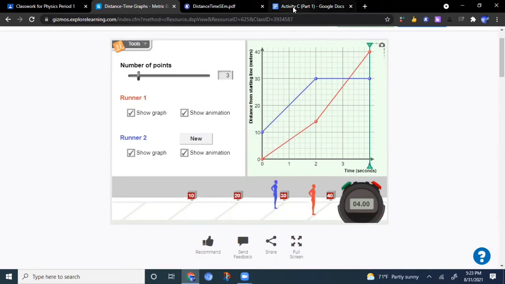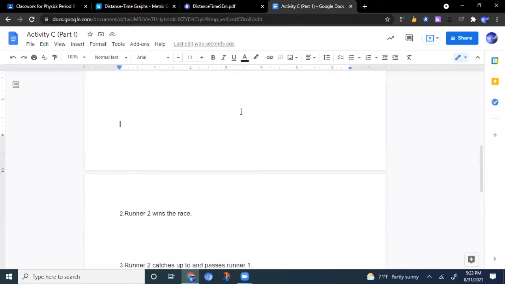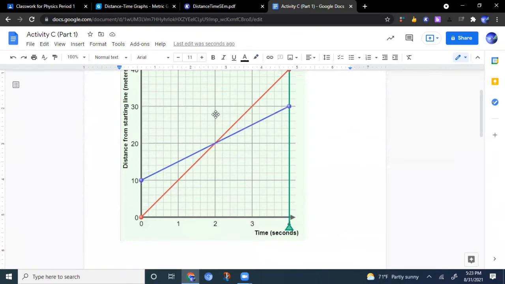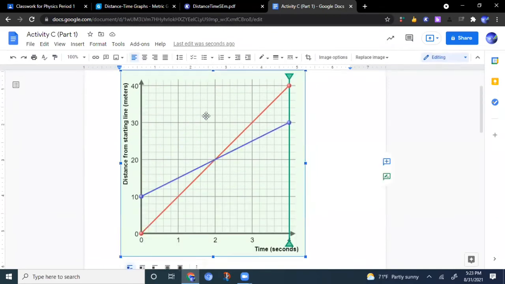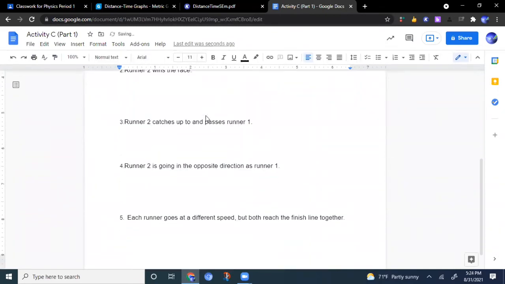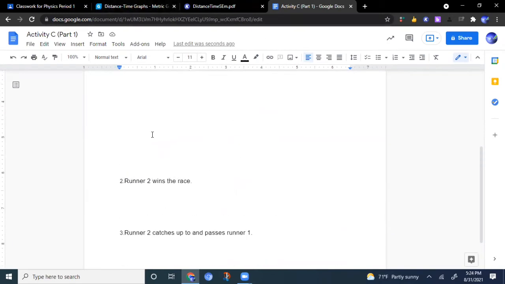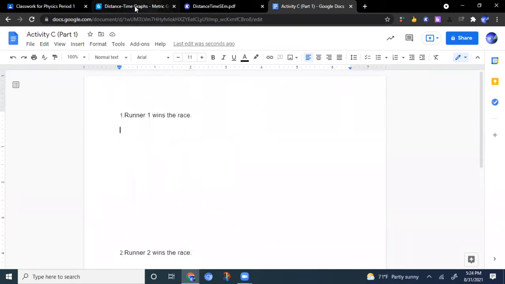And actually going back to number 1, let me point this out. Although this is runner 1 winning the race, actually this is better suited for number 3, where runner 2 catches up and passes runner 1. So actually, I'm going to hold off on that one. Let's go back to this first one again.